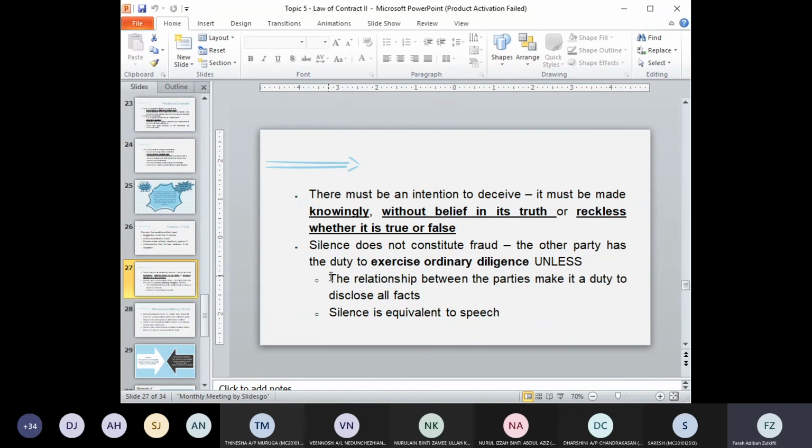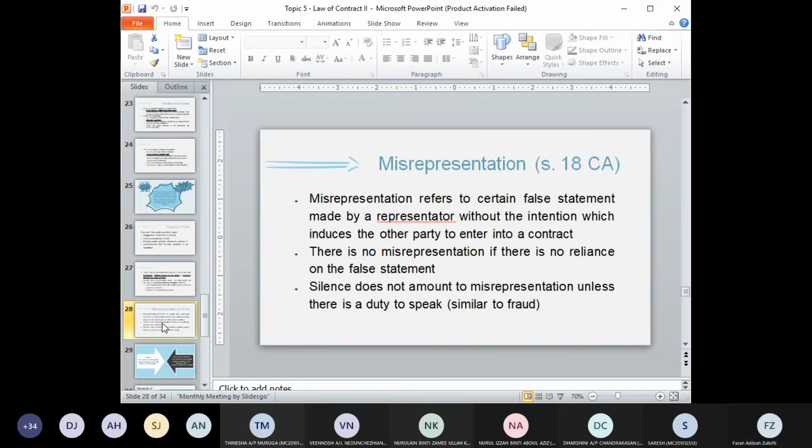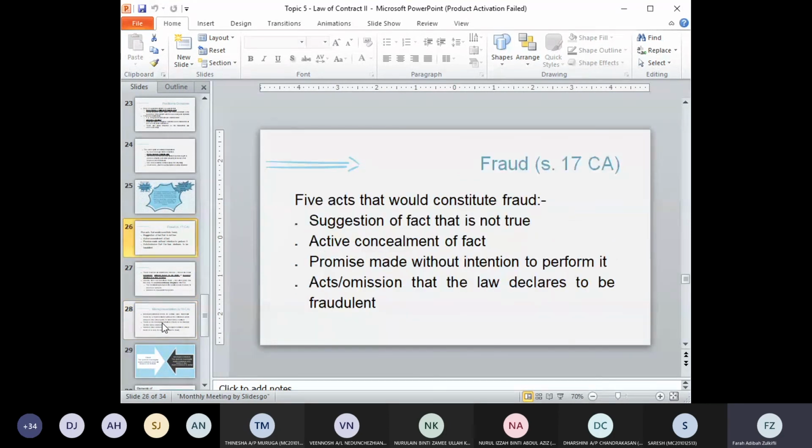Okay, so if you look at the Contracts Act, at section 17, fraud is under section 17.